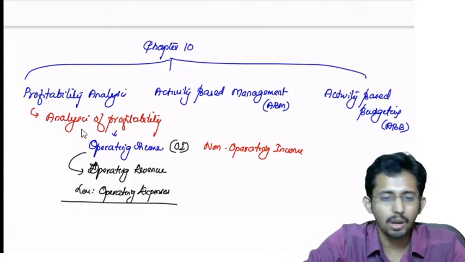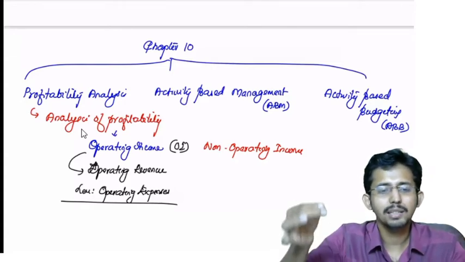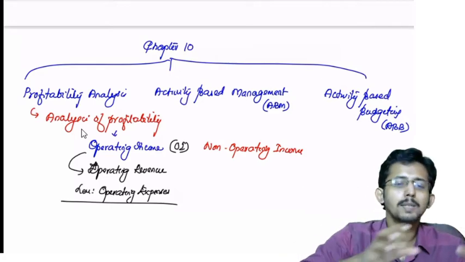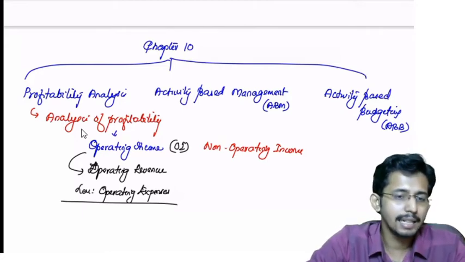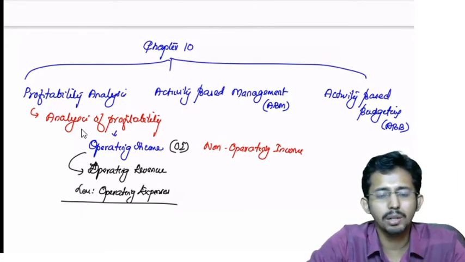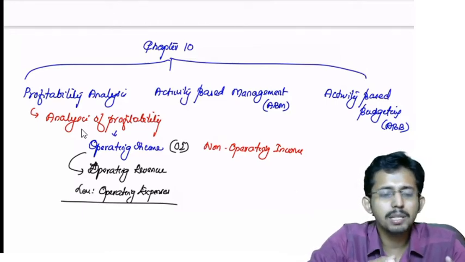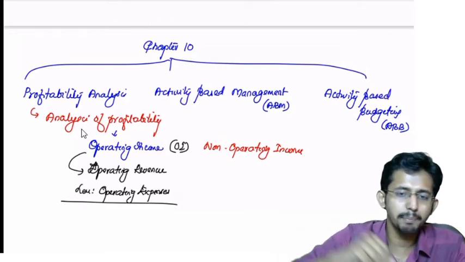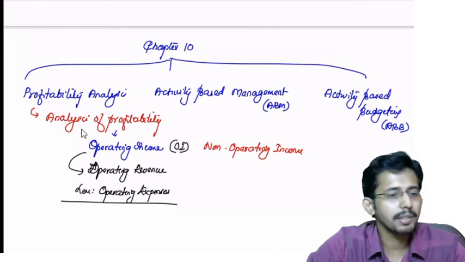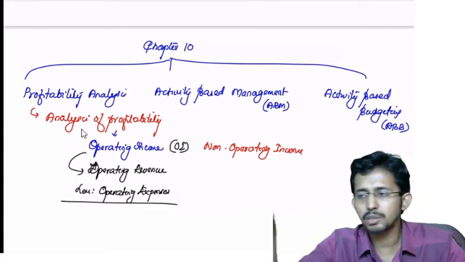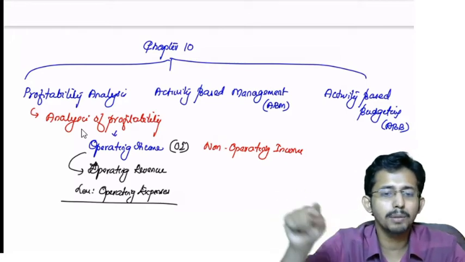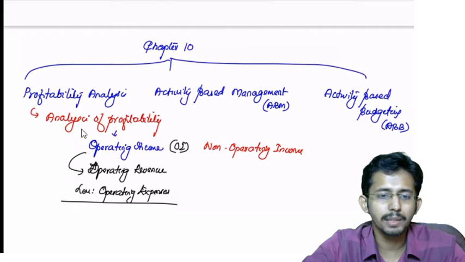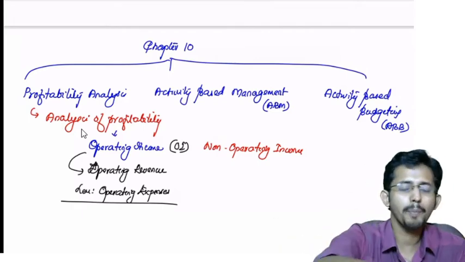Non-operating incomes and costs are those which originate without any specific activity or without any specific effort from the entity. Say, for example, interest on the investments made. An entity had some surplus fund which they invested in a bank, from which they are earning interest. Can you implement any costing for that? No. You can't implement any costing technique or costing management for that particular non-operating activity unless that becomes your operation.